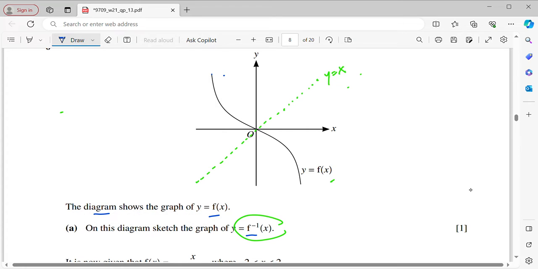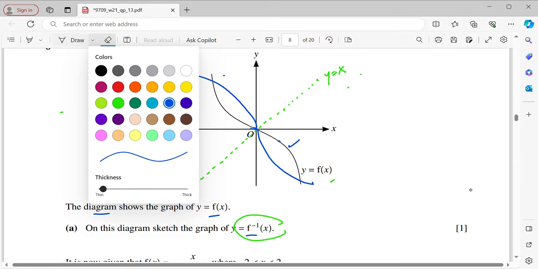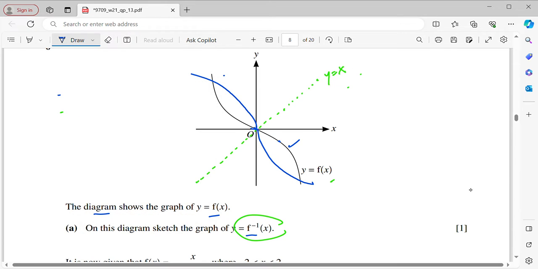When you flip this part, assuming this is the object, the image will be over here. And for this lower graph, when you assume y equals x is the mirror, this object will be reflected to this. Which means this will be my inverse graph, so this is my y equals f inverse.